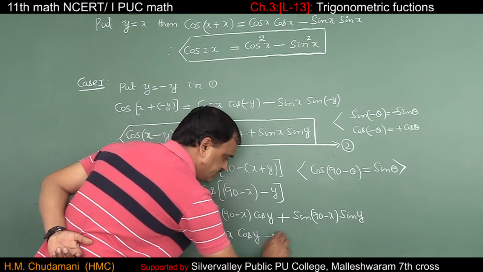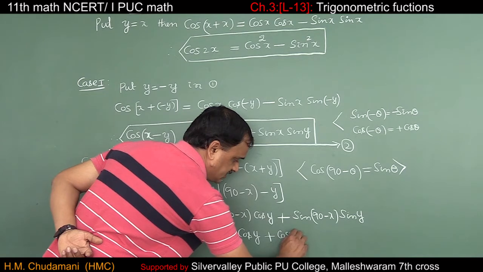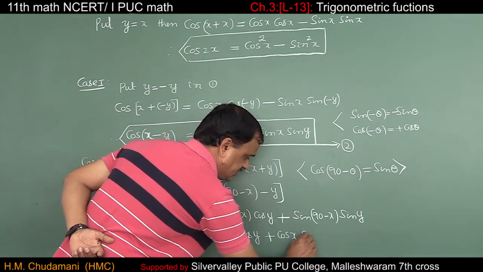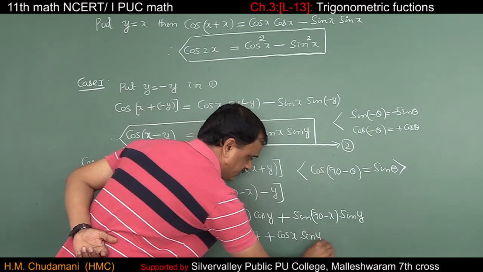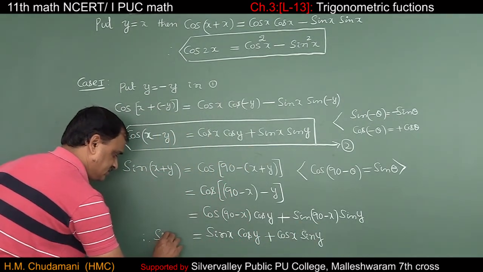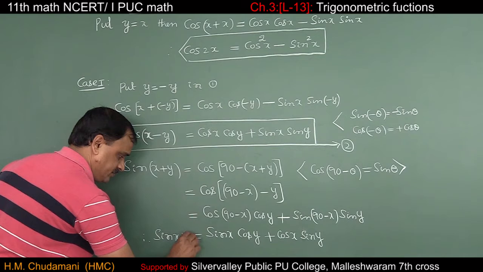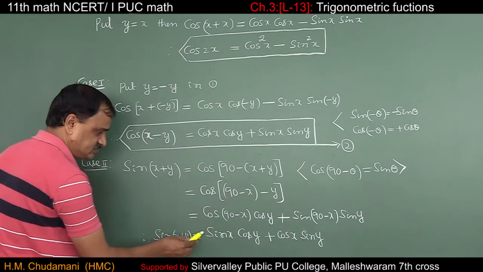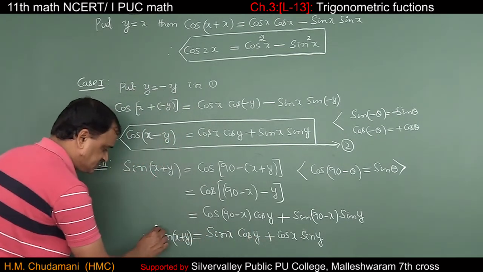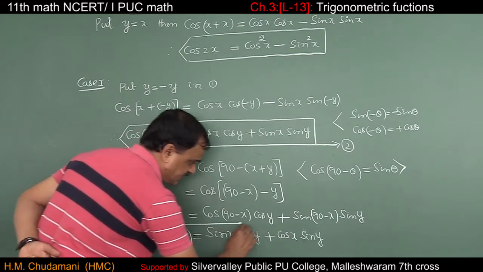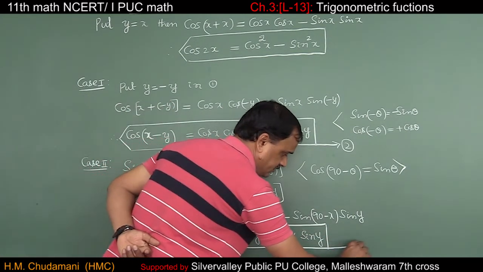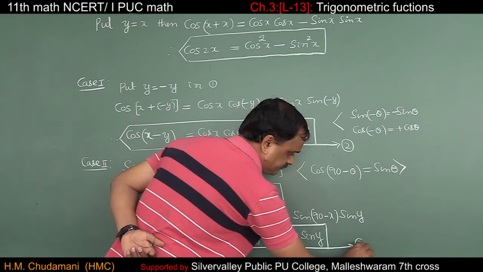Sin of 90 minus theta means cos theta, that is cos x sin y. Therefore, sin of x plus y equals sin x cos y plus cos x sin y. This is another formula you are supposed to remember. Say this is equation 3.